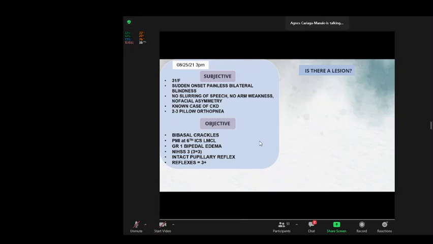Somatosensory ba? Ano bang affected? Sensation? Motor? Sa motor, Doc, sorry. Motor. So what pathway is responsible for your motor function?